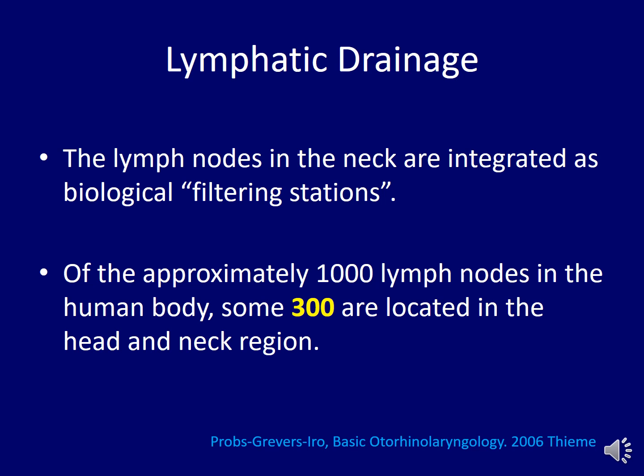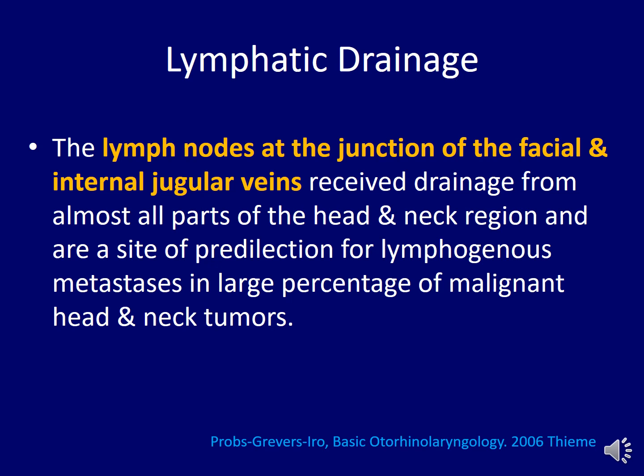The lymph nodes in the neck are integrated as a biological filtering station. Of the approximately 1,000 lymph nodes in the human body, some 300 are located in the head and neck region. The lymph nodes at the junction of the facial and internal jugular veins receive drainage from almost all parts of the head and neck region and are a site of predilection for lymphogenous metastasis in a large percentage of malignant head and neck tumors.